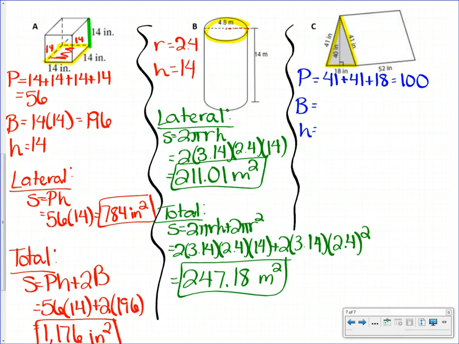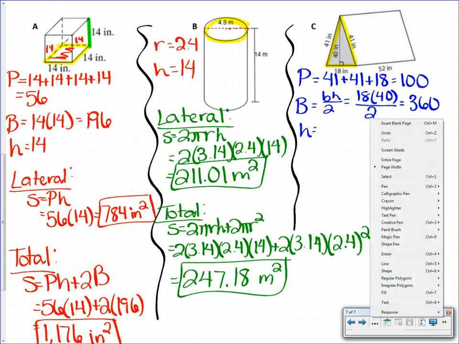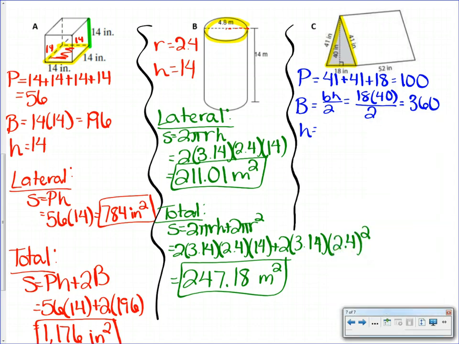Area of the base, so we're just looking at the triangle here, is base times height divided by 2. So 18 times 40, because 40 is the height of my triangle, divided by 2 is 360. And then H here stands for the height of the prism, which is the distance between the 2 bases.